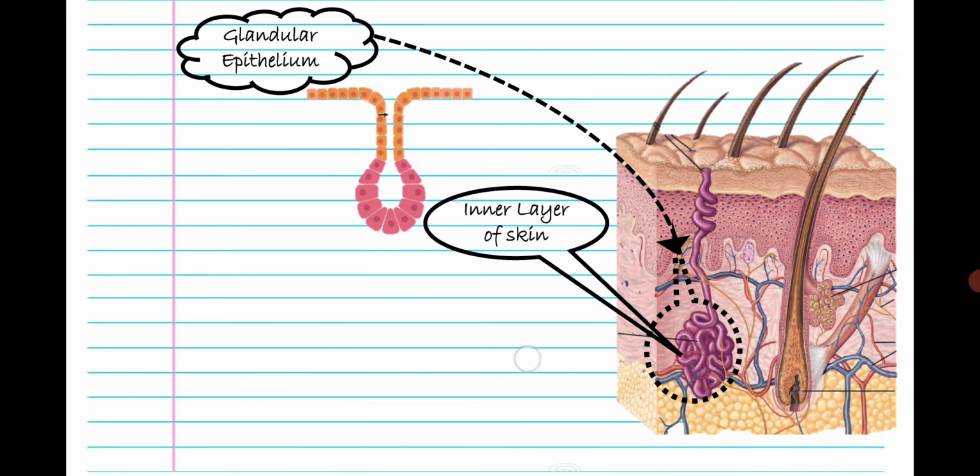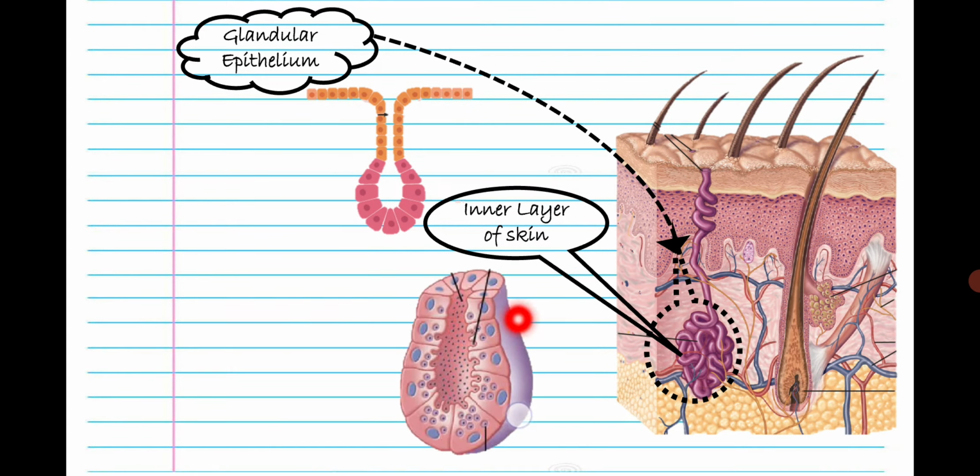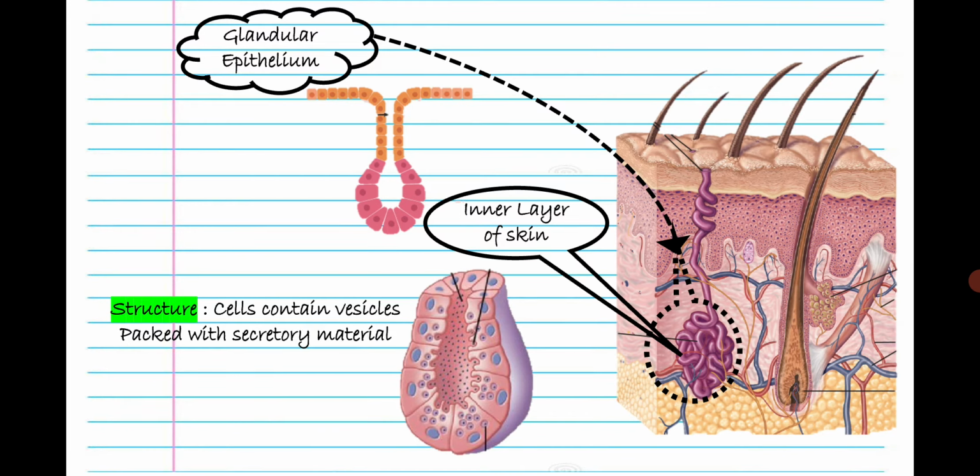These tissues are located in the inner layer of our skin, and here you can see the exact structure of these tissues. The glandular tissues are present here in our sweat gland, and in our oil gland also. And what is their structure? These tissues contain vesicles.